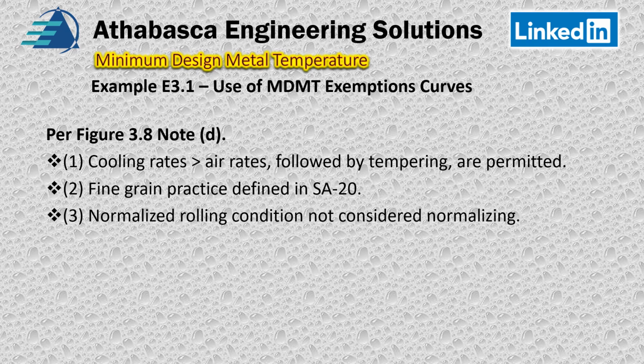The other one is there's a very strict definition of fine grain practice, and you have to go to SA-20 for that. An interesting one that we've run across over the years is that normalized rolling condition is not considered normalizing. Sometimes the vendors will say that it's hot rolled and it's been normalized in that condition. Section 8 Division 2 will not accept that for this condition, of course.